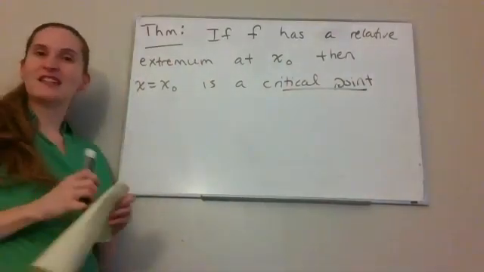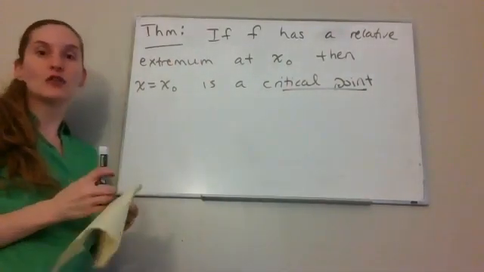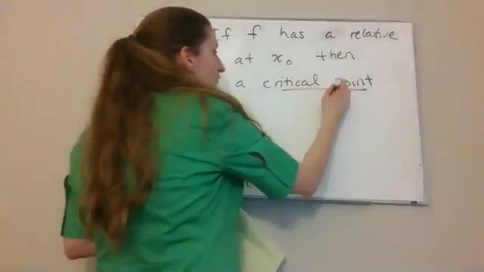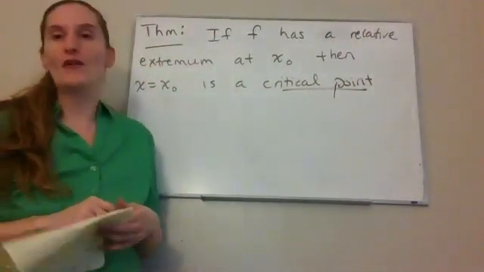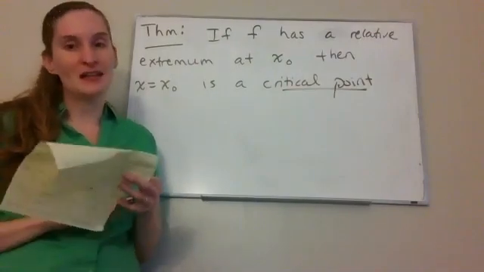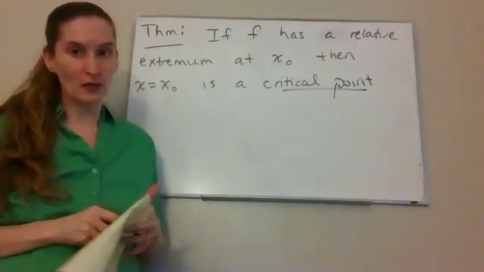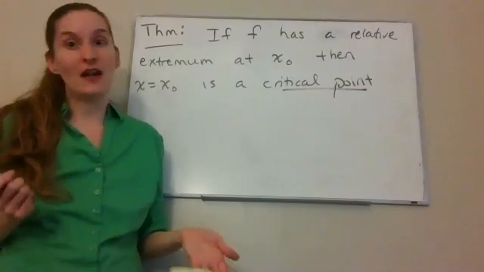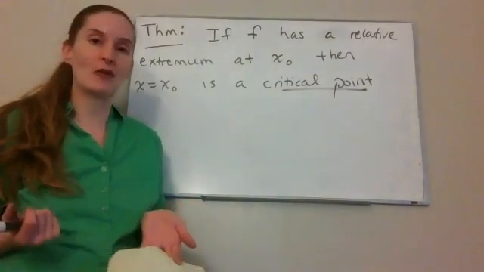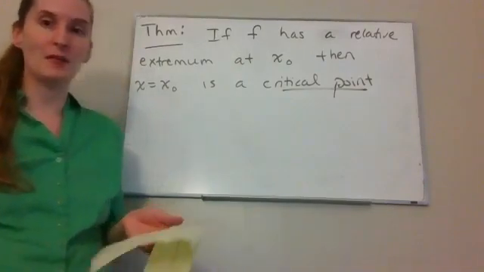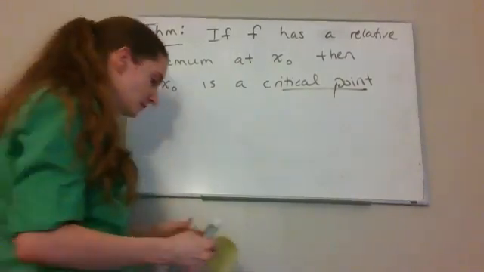So notice this does not say that every single critical point will give you a relative max or a relative min. It just says if you have a relative max or min, it's going to happen at a critical point. So if we're trying to find a maximum or minimum, we need to find all the critical points first because those are our candidates for being maxima or minima.